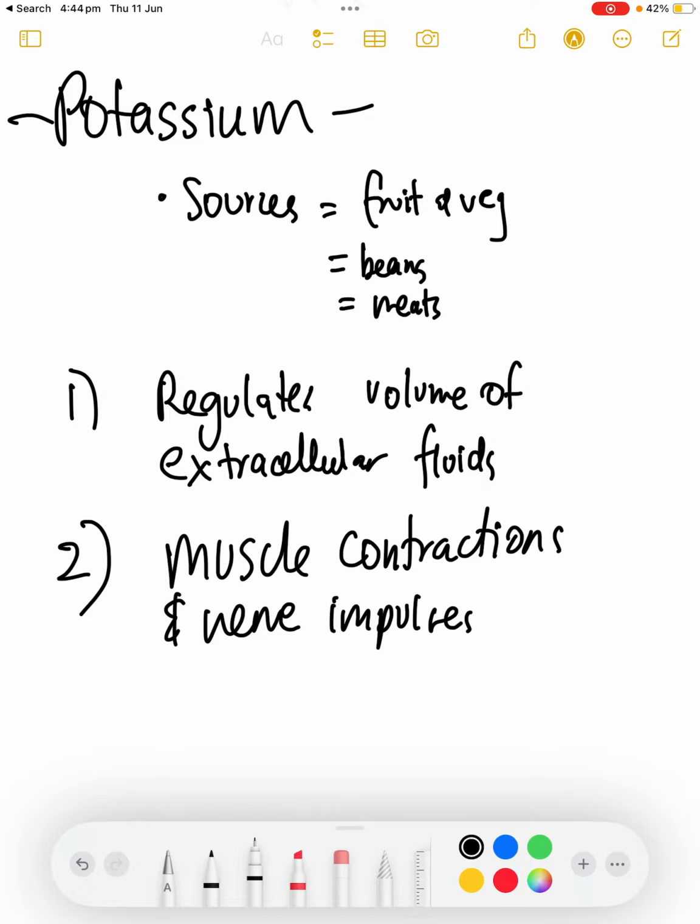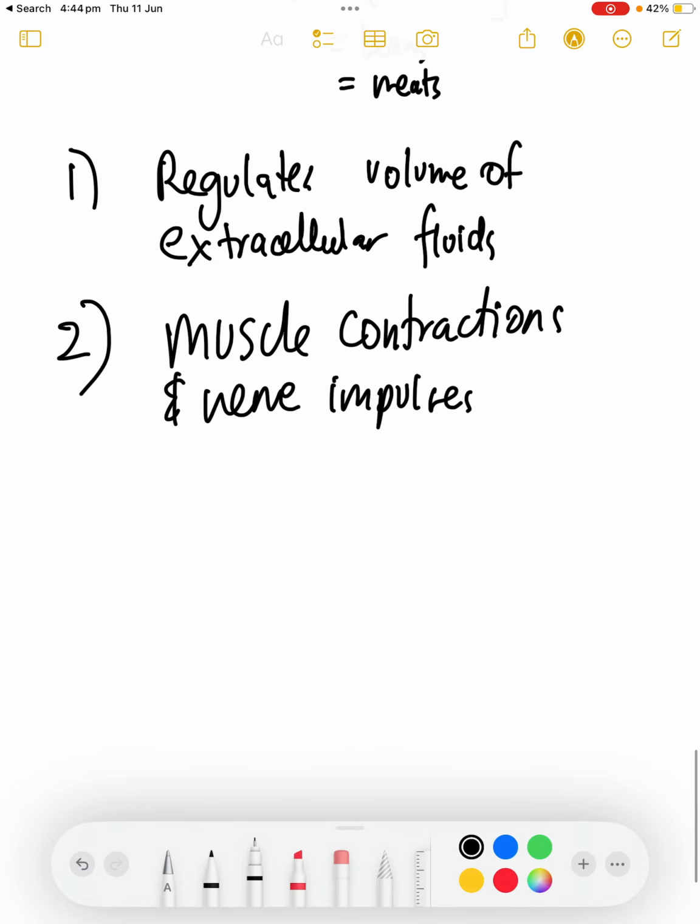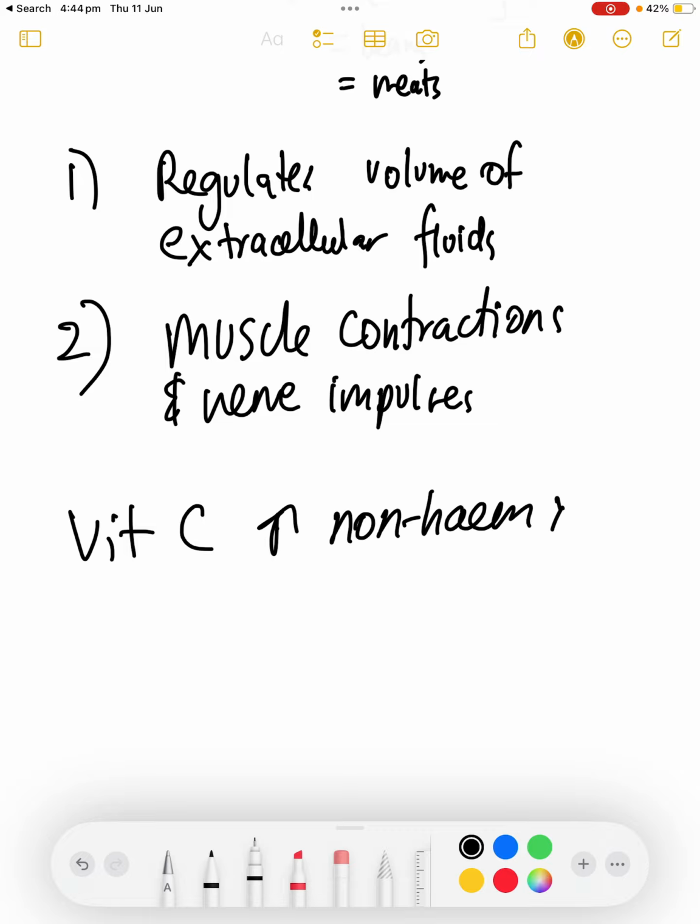Now, finally, some micronutrient relationships to remember, all right? Vitamin C increases non-heme iron bioavailability. All right.